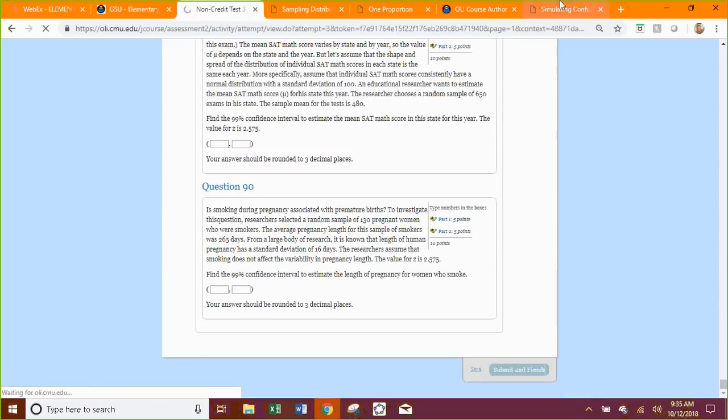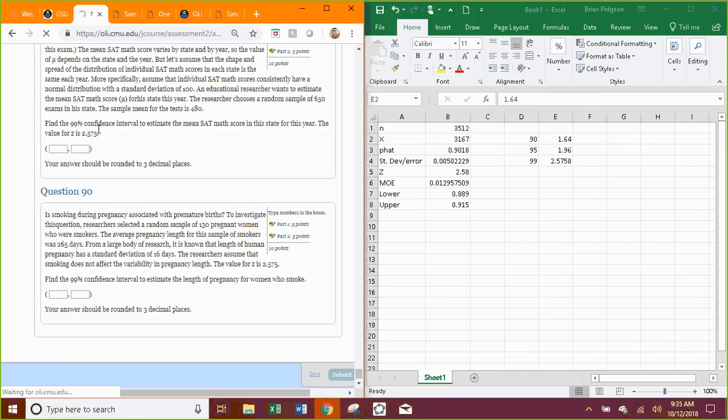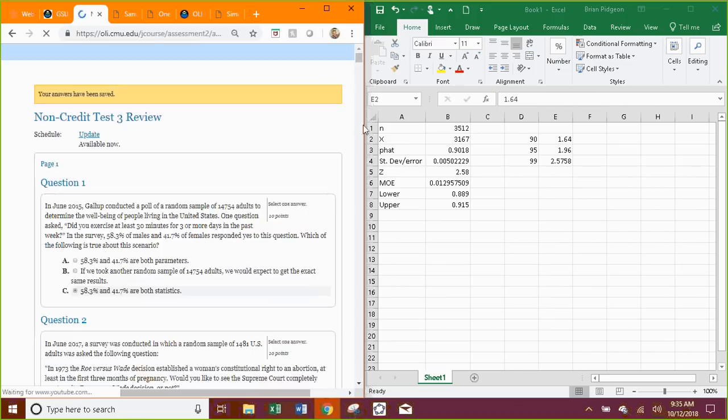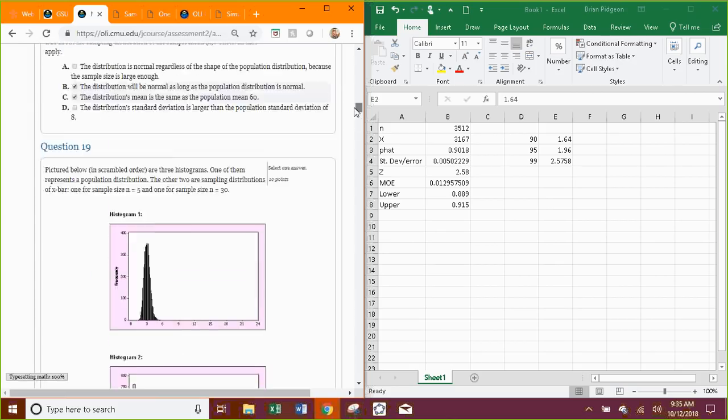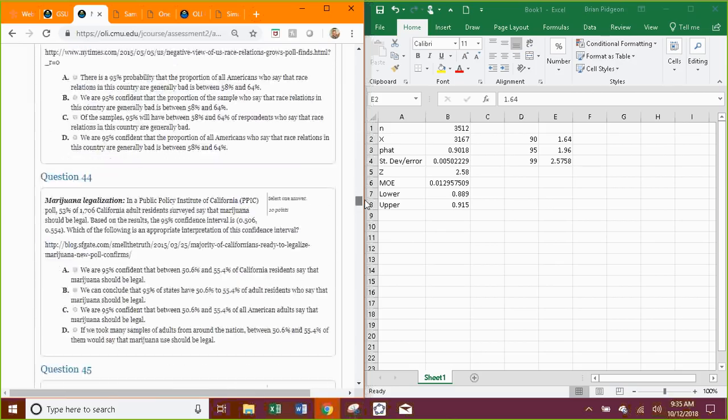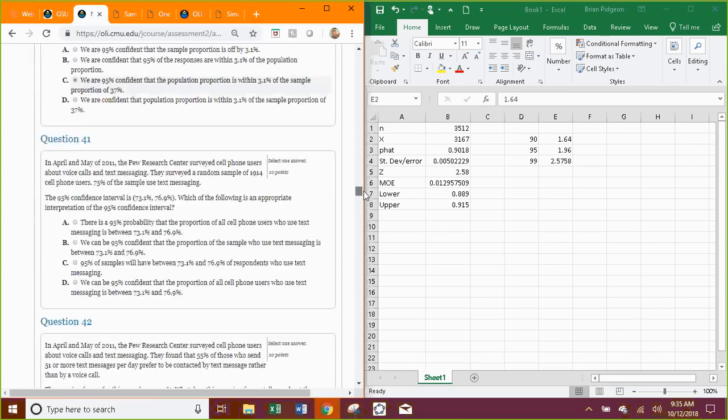Oh, let's save. So that is the correct way of specifying these. So, where are we? I don't even know what question we're at. It's 41.